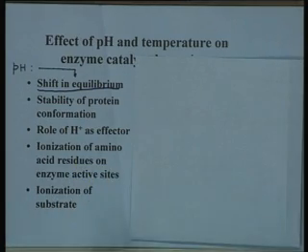Now the second issue which is important in the case of pH effects is the stability of the protein conformation. As we all know, proteins retain their native conformation within a limited pH range, because electrostatic interactions are a major non-covalent force involved in the conformation of the enzyme molecule.